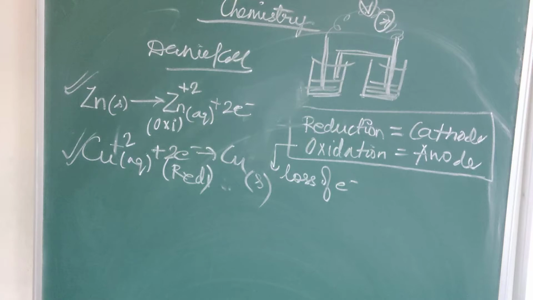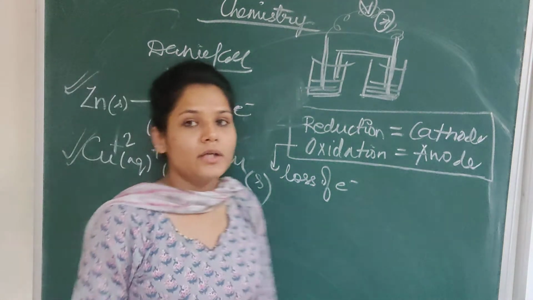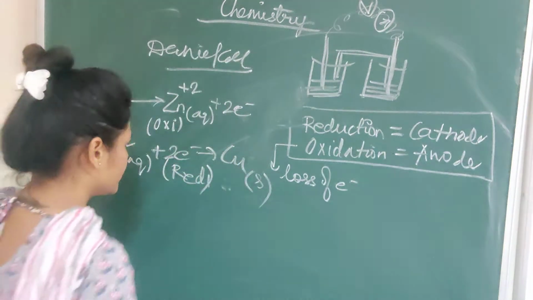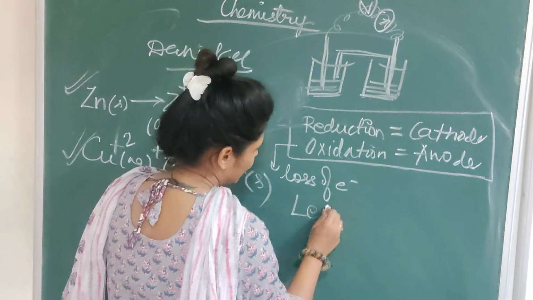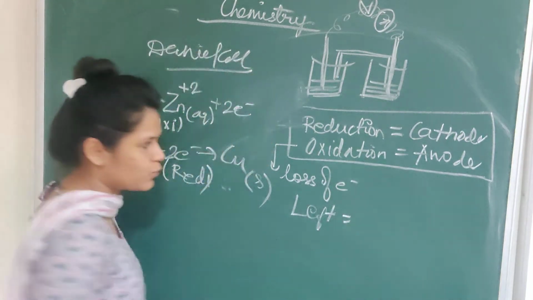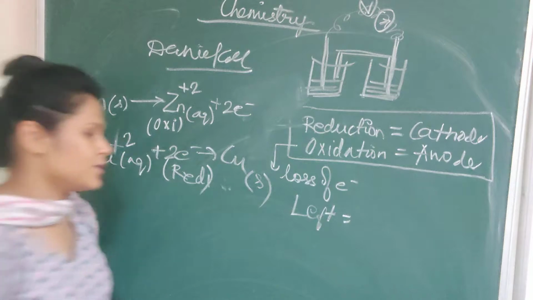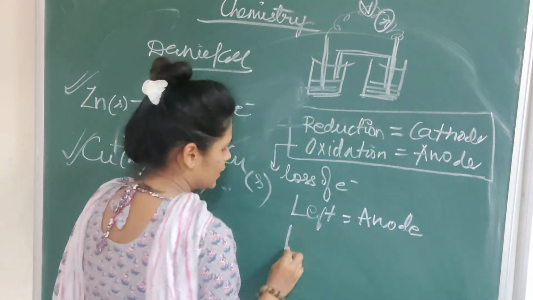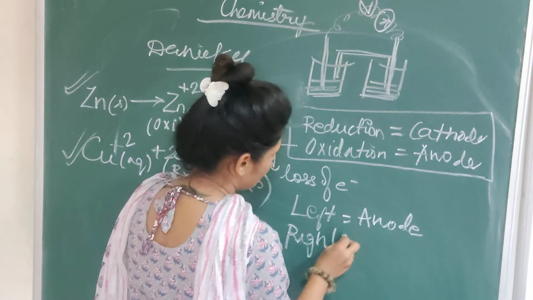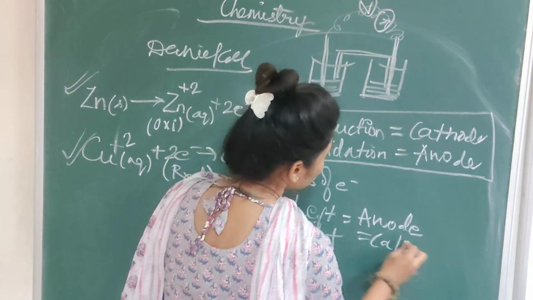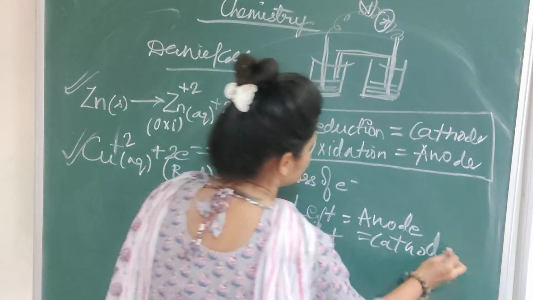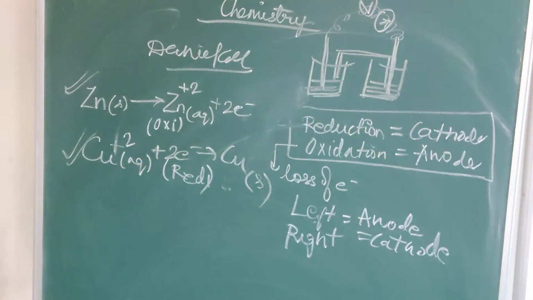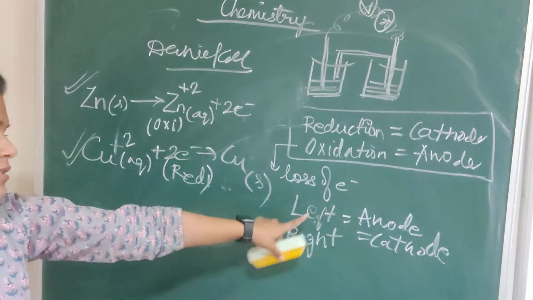Now, if we wish to write the cell representation, what is being told to you? On the left hand side, we will write which one, cathode or anode? We are going to write the anode on the left hand side, and on the right hand side we are going to write the cathode.